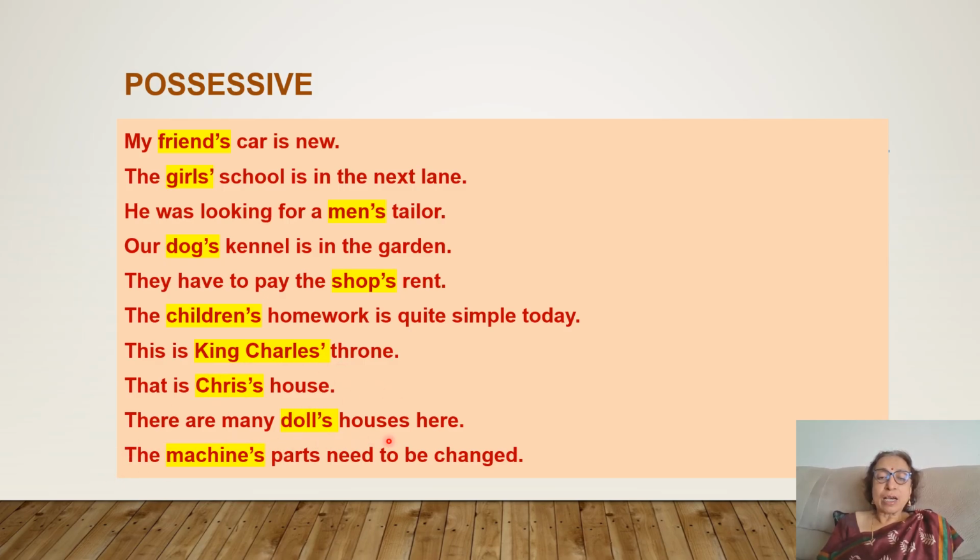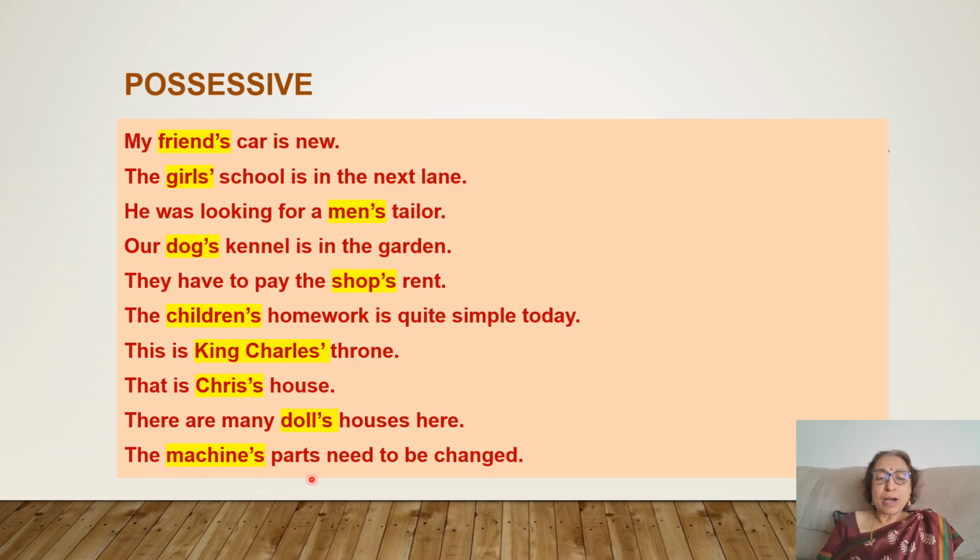There are many dolls' houses here. Now see, dolls can be singular, as I told you, or it can be dolls with the apostrophe behind the S. Doll can be the houses belonging to one doll, or the houses belonging to many dolls. If the plural noun is used here, the apostrophe will shift to the end of S and not before S. I hope you're able to follow this. Very important.